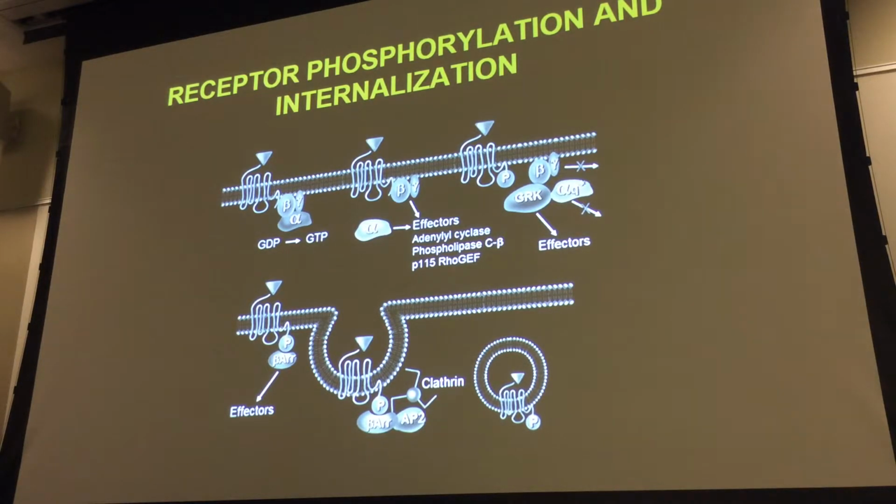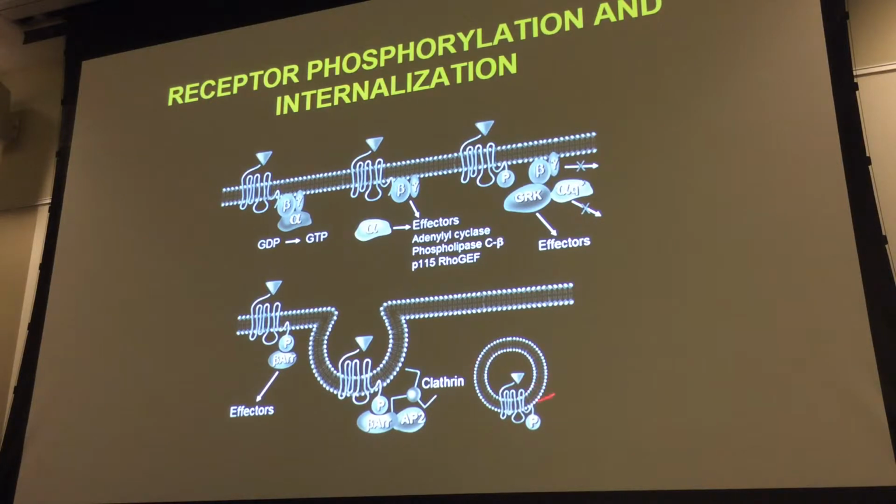And this is the first step of endocytosis, wherein the phosphorylated receptor bound to the beta-arrestin undergoes an endocytosis phenomenon where the clathrin-coated pit is sequestered inside the cell.